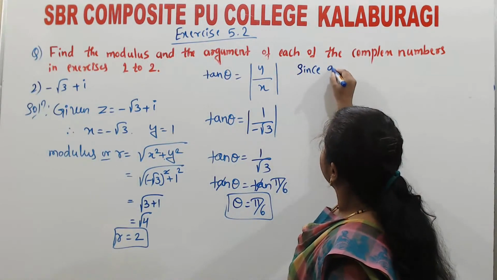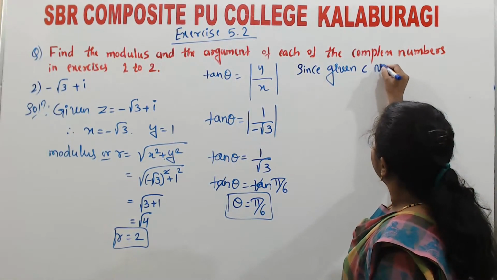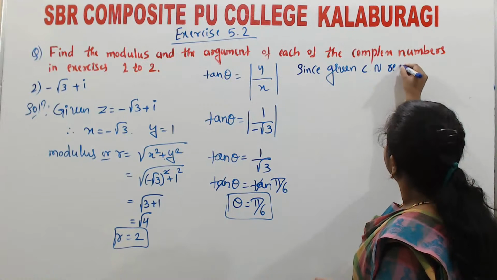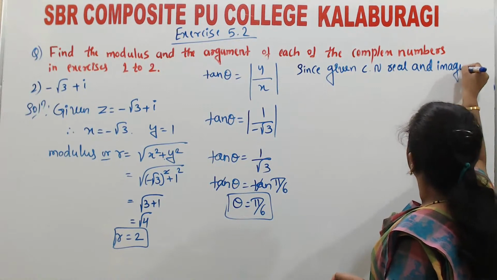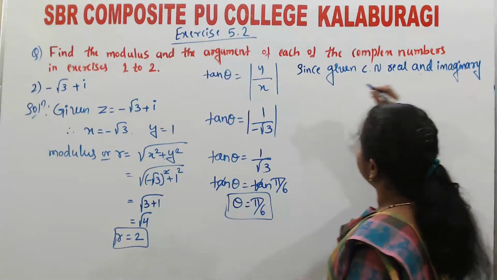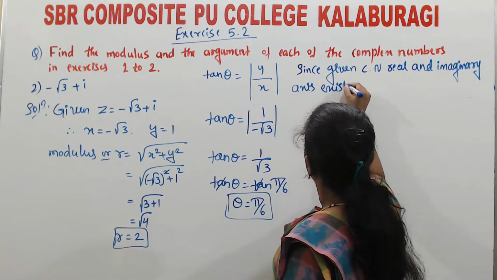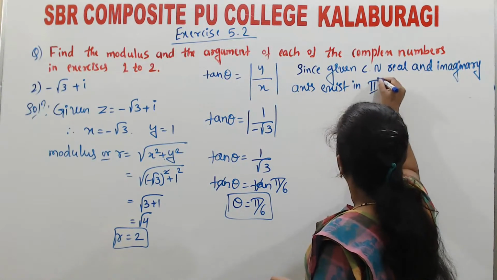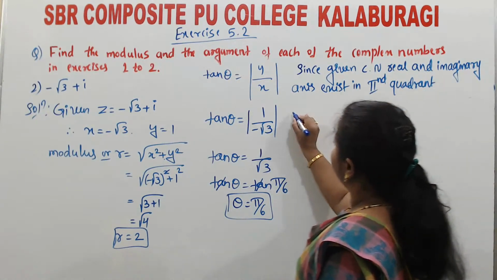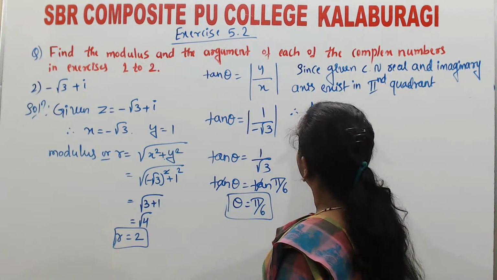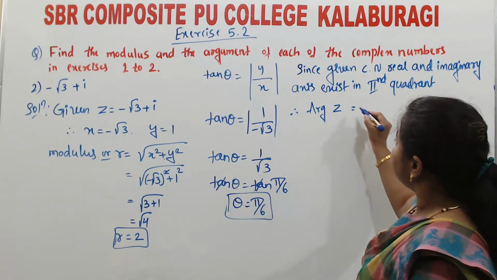Since the given complex number's real and imaginary parts exist in the second quadrant, therefore argument of z, how do we write in the second quadrant?